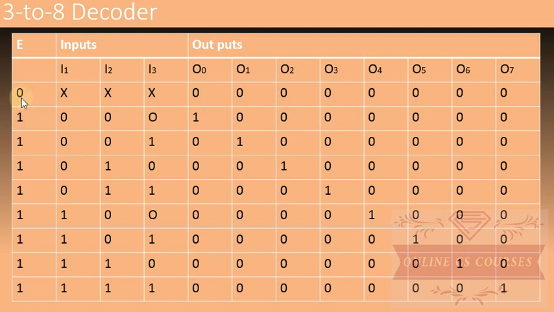So in case of 0, it will be disabled. In case of 1 enable line, the corresponding operation will be performed. जो operation perform होगा, जो decoder की functionality है वो perform होगी in case of when enable line is 1.